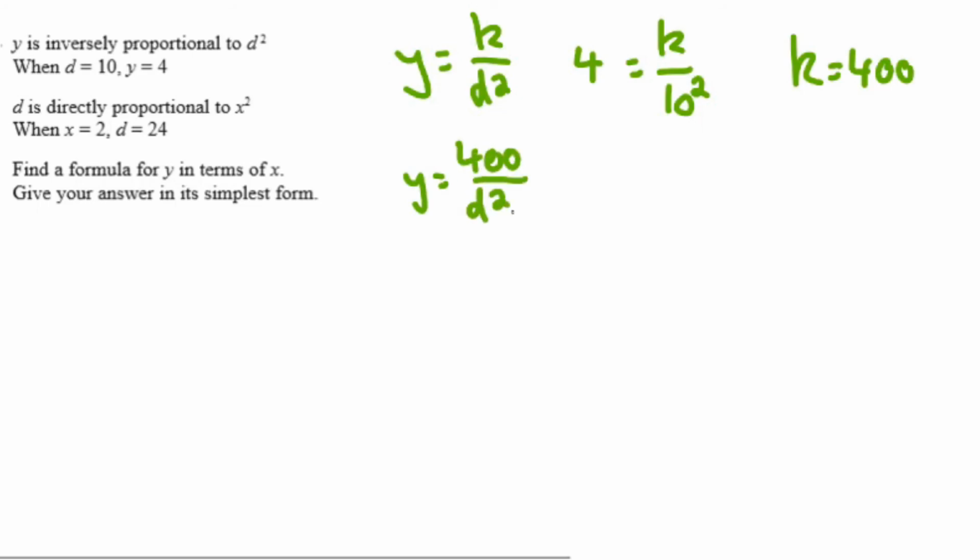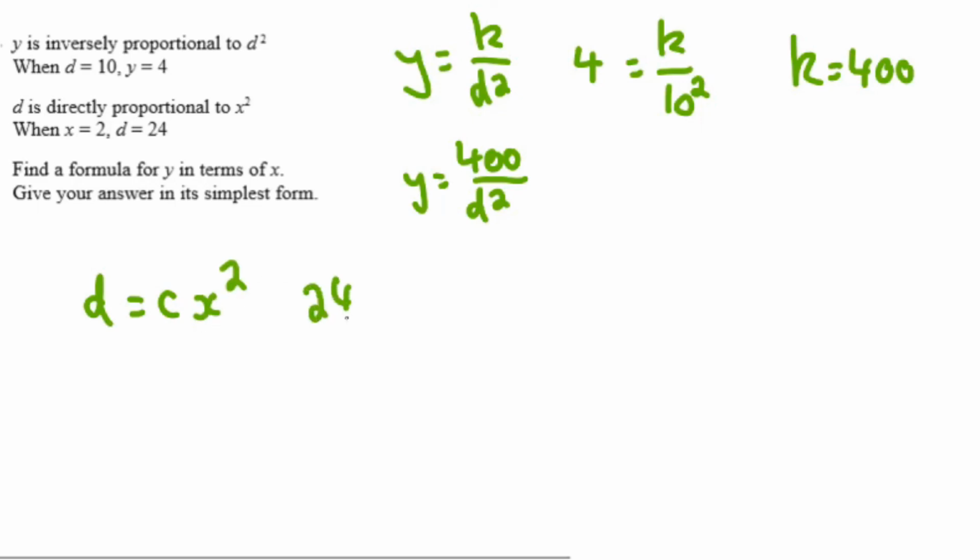Then here, if d is directly proportional to x squared, you can use k again if you want, but if you just want to make sure there's no confusion, as in they're not going to be the same number, maybe we use another letter, let's say c. So it's c lots of x squared.